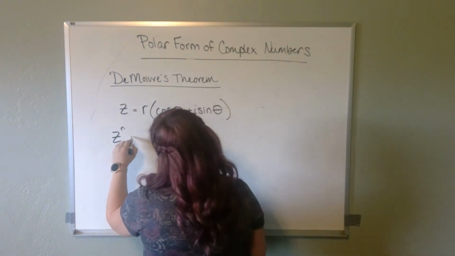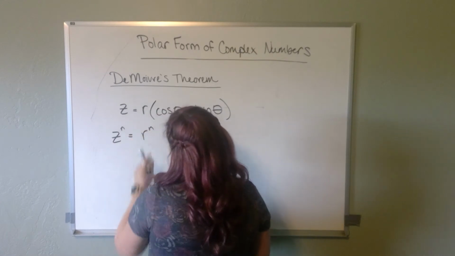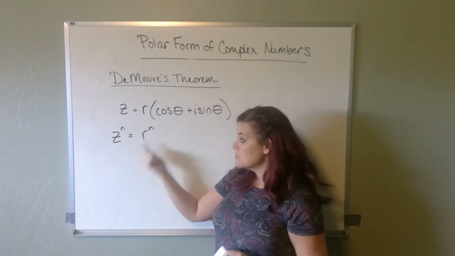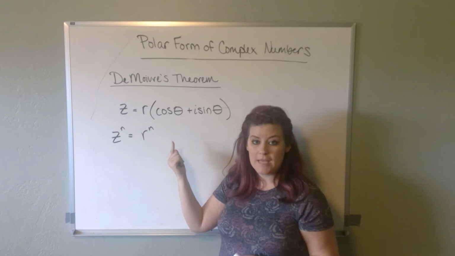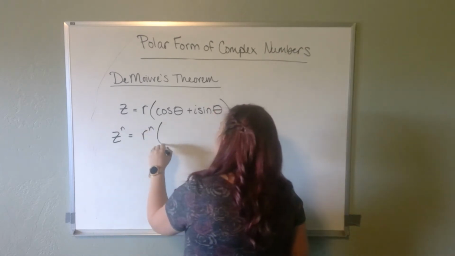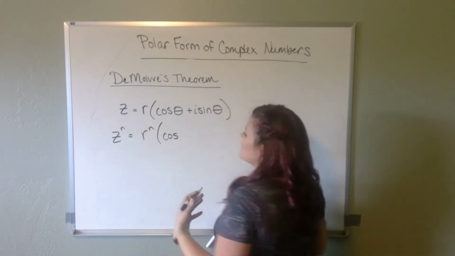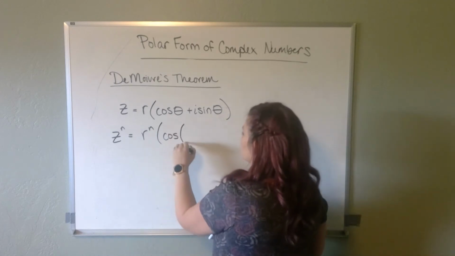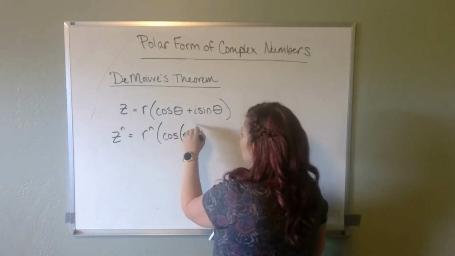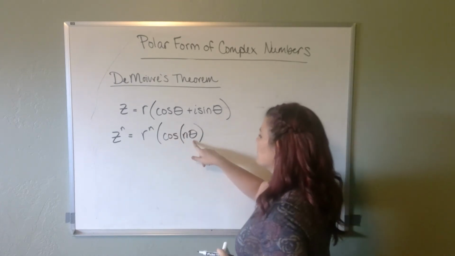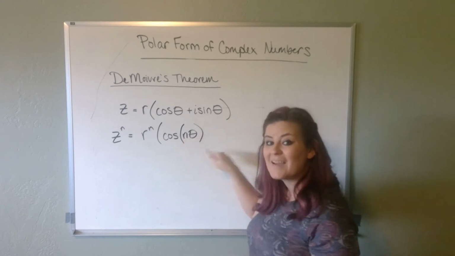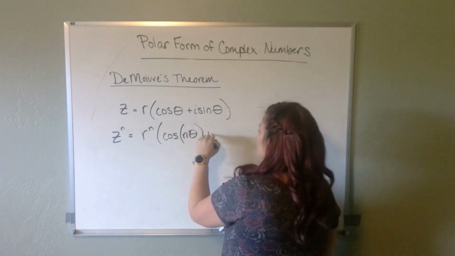Here's what you do. You take r to that power. So you do actually raise r to that power n. But the theta, you don't raise theta to the power. What you do is you multiply theta times that power. So you don't do theta to the n, you just do n times theta to get your new theta.